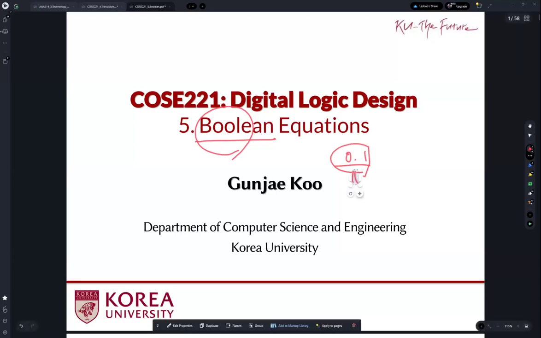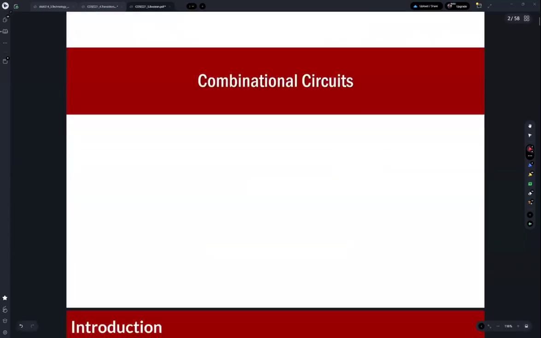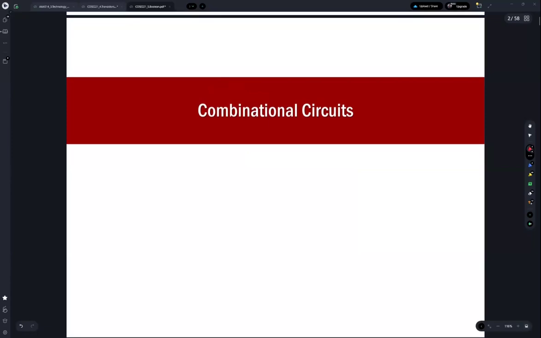So if we learn Boolean equations, then we can understand and specify the behavior of a digital system. That's why we learn about the Boolean equation. So this is just the equation. Once we have learned about the Boolean equation, let's learn about the combinational circuit.